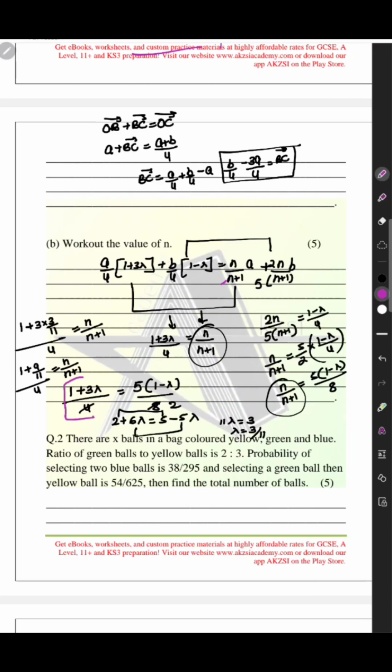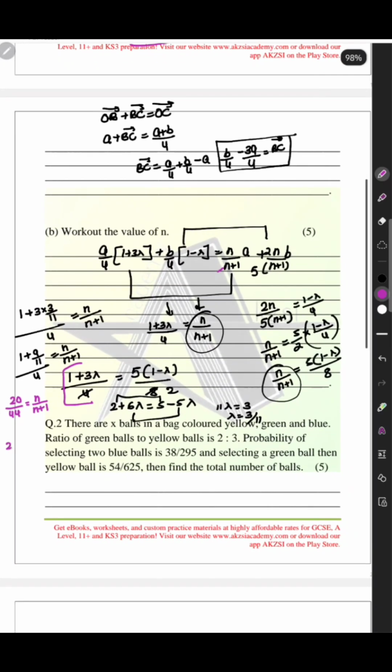So that would be 20 over 44 is equal to n over n plus 1. Cross multiplying, 20n plus 20. I think it would be better if I write this here. 20 over 44 is equal to n over n plus 1.